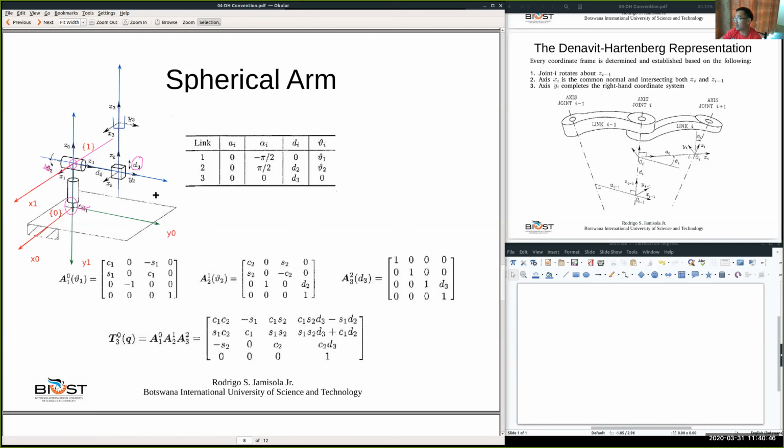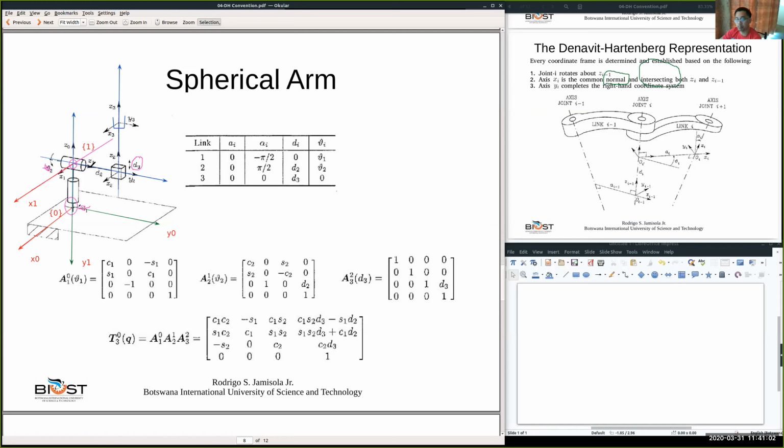But because of the second requirement, that it is not just normal, it has to be normal but also intersecting both Z1 and Z2.